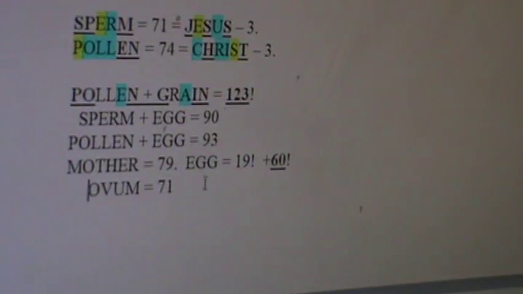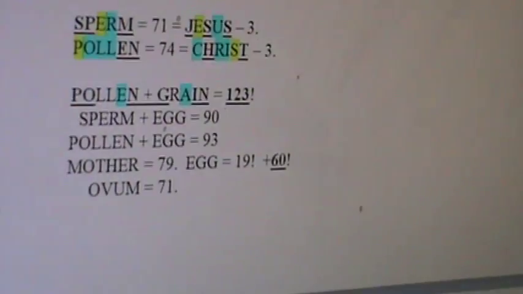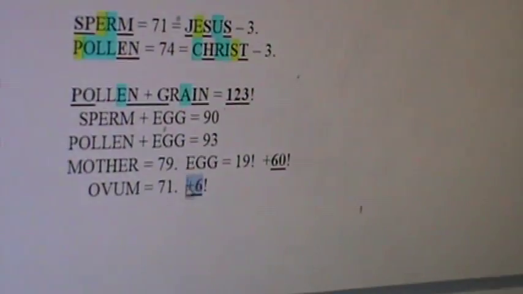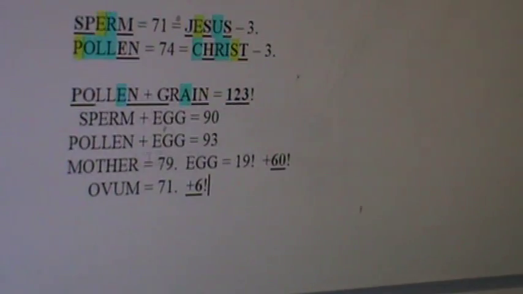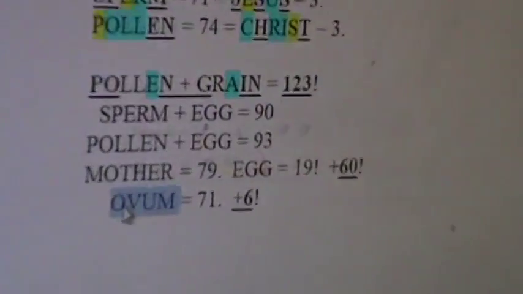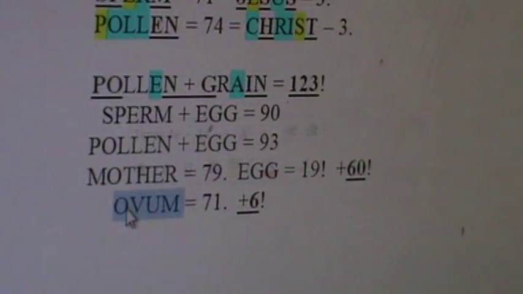We just talked about sixes. Well, the ovum is exactly, mother is 6 points higher than ovum. Egg, mother is 60 points higher than egg and 6 points higher than ovum. Amazing. So, mother provides the egg, also known as the ovum.